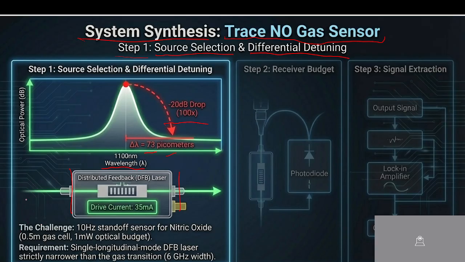So what is the challenge here? The challenge is a 10 hertz standoff sensor for nitric oxide, 0.5 amp gas cell, with a 1 milliwatt optical budget.